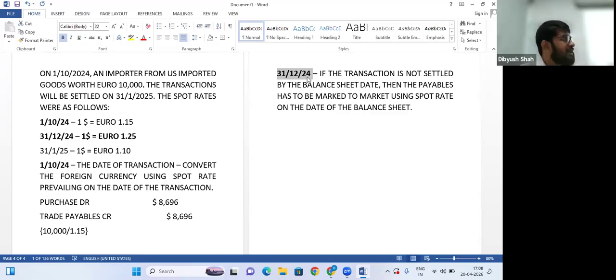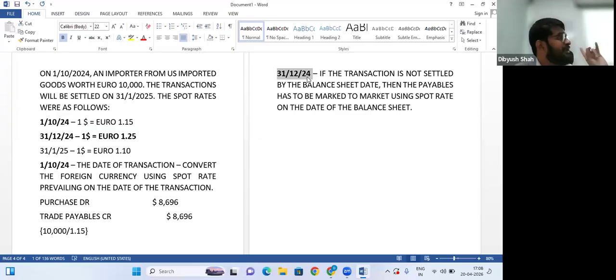Here the importer has not hedged the risk at all. The rate can go up or down, and this affects the importer directly. If it is hedged, the rate is generally locked, then there is no effect on the importer whatsoever. But this accounting is applicable only if the transaction is not hedged.